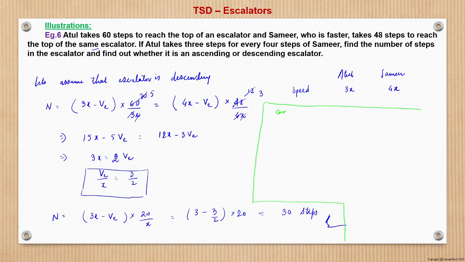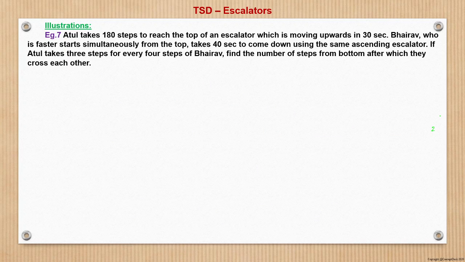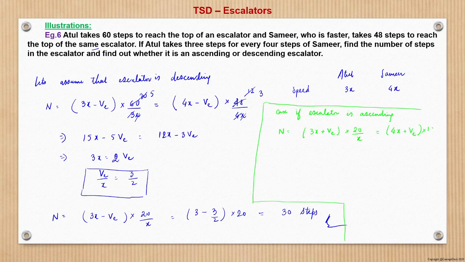So in case the escalator is ascending, n is equal to (3x plus v) into 60 upon 3x, which is 20 by x, and that is equal to (4x plus v) into 48 upon 4x, which is 12 by x. Right? We can say this.